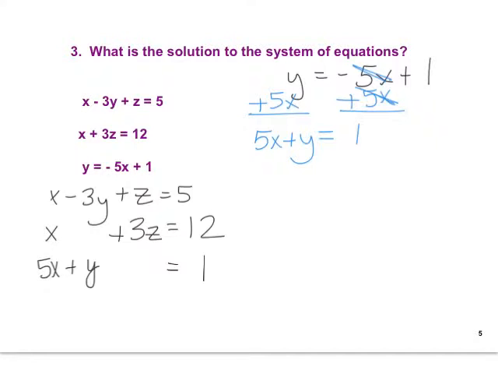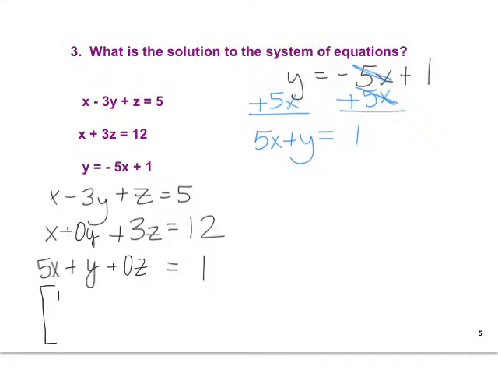So notice I have an empty space in the y spot here and in the z spot here. I could write, you don't have to do this, but you could write 0y in that place and 0z in this place. Now I'm ready to write a coefficient matrix.